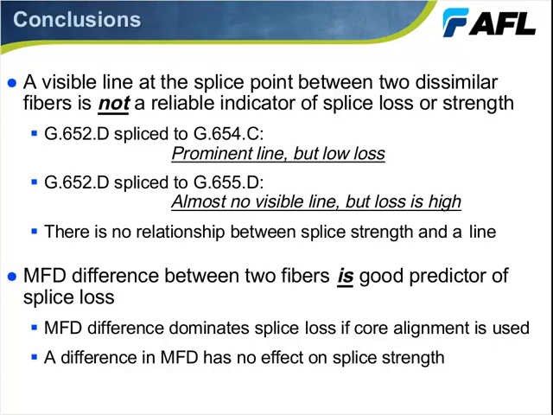So, if you do a good fusion splice and it is properly welded together and you put a good heat shrink sleeve on it to protect it, the integrity is very good.